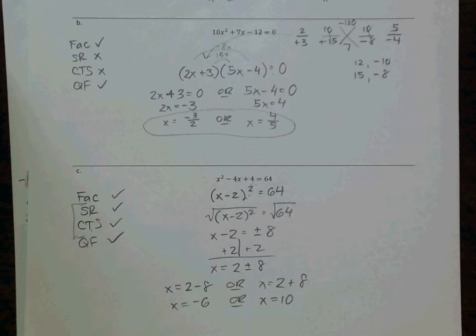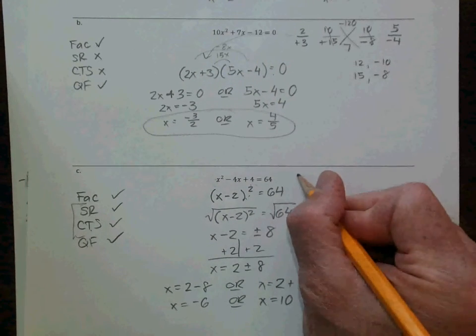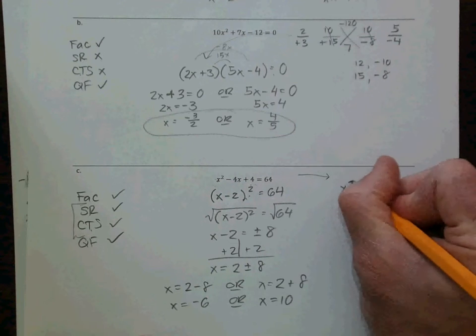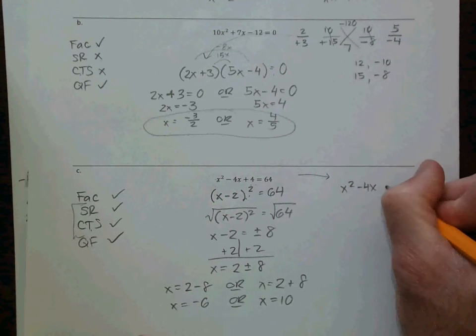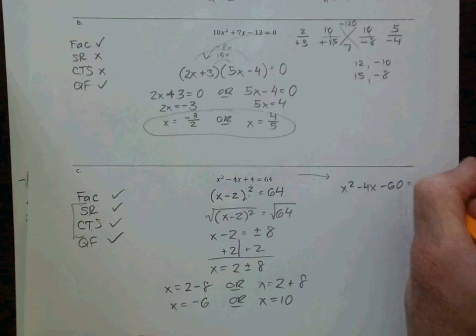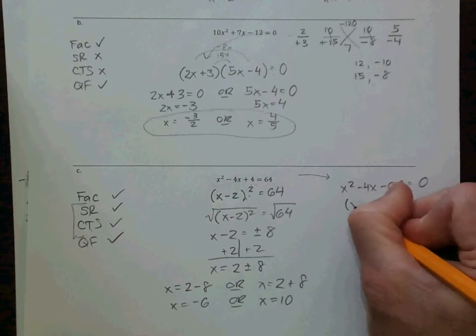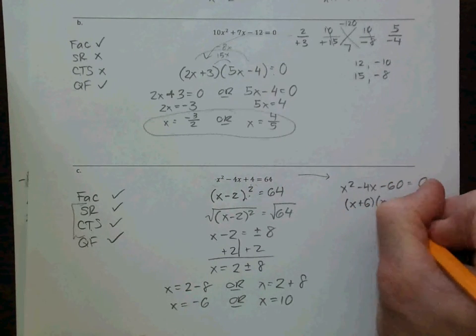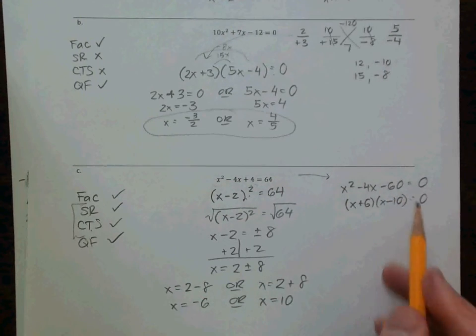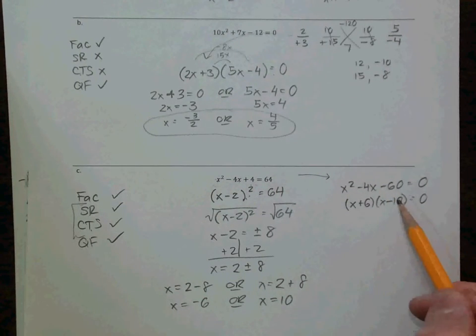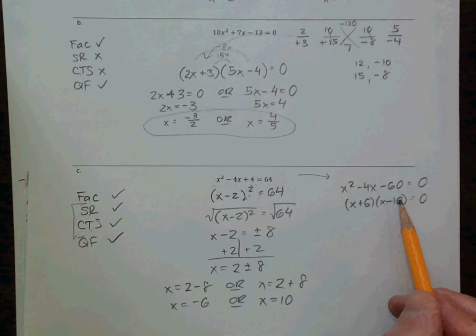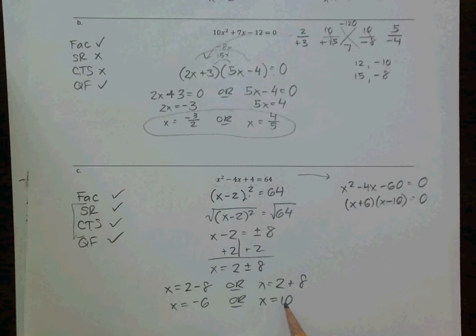If you had factored this, if you had done it by factoring and done x squared minus 4x minus 60 is equal to 0, it would have factored as (x plus 6) times (x minus 10). So take note here that the factor is x minus 10, but the solution or the root is x equals 10, and the x-intercept of the function would have been at 10.